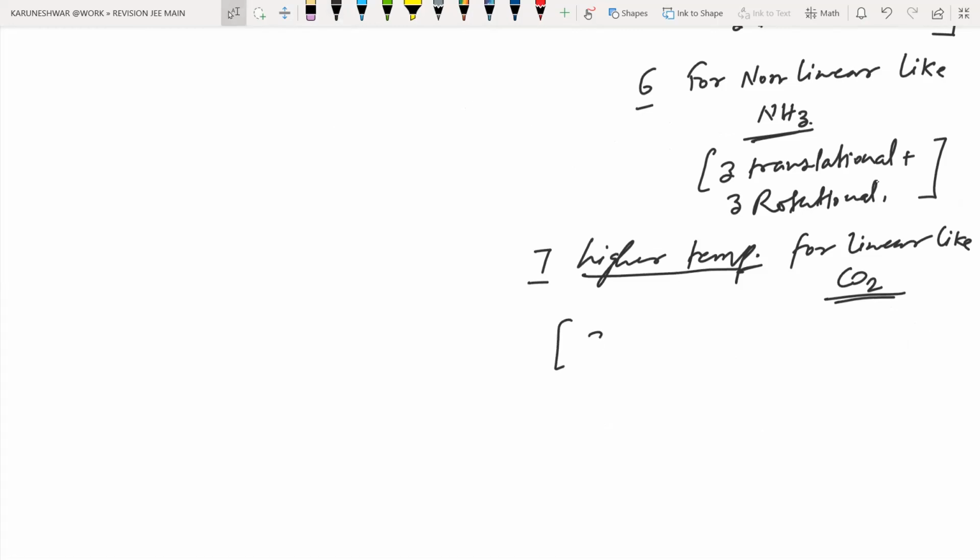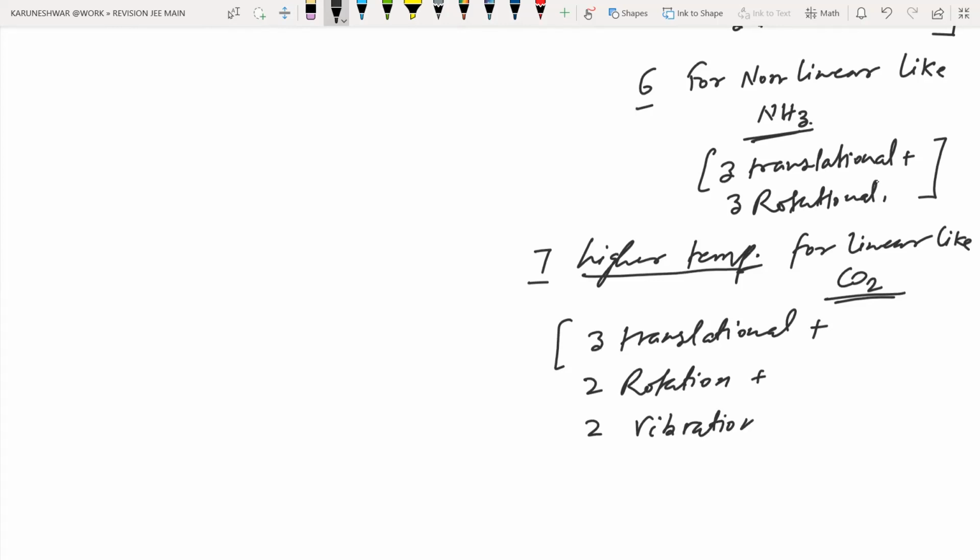We are having 3 translational, then 2 rotational, then 2 vibrational also. So in this case, we consider vibrational energy also. These are rare cases, but at a high temperature, just remember, whenever it is high temperature, we consider vibrational also.